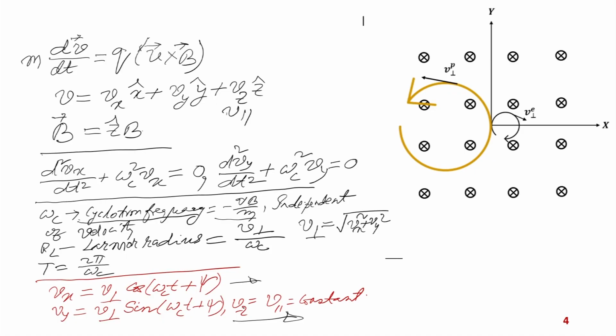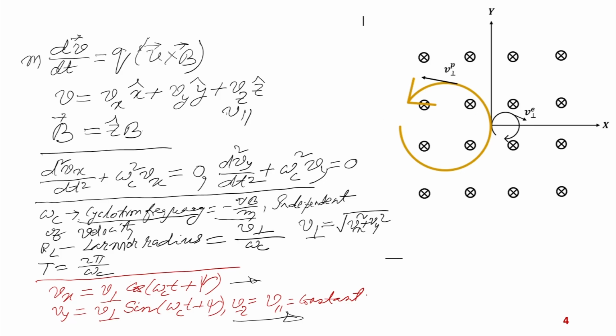Here the magnetic field is directed into the paper, as this symbol shows, and the particle is moving in the xy plane. If you do not consider the z component, it will have circular motion.